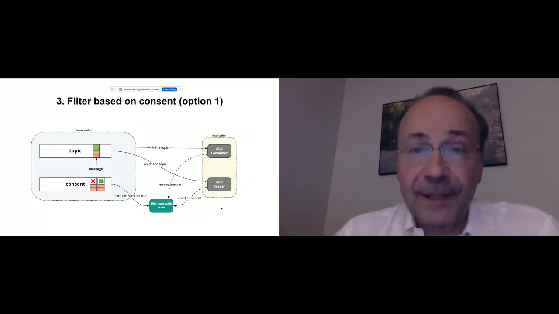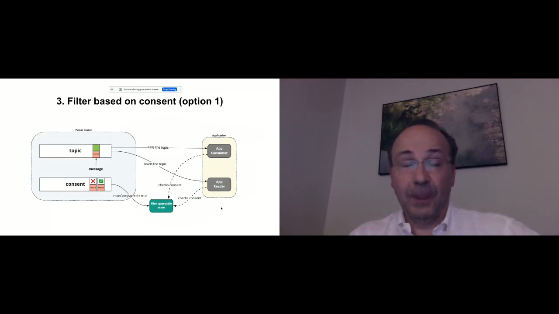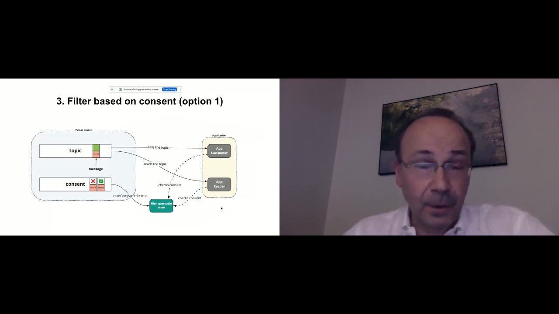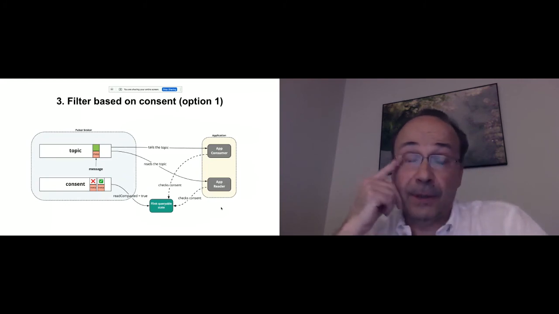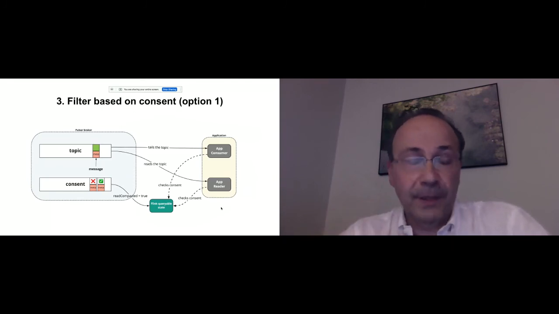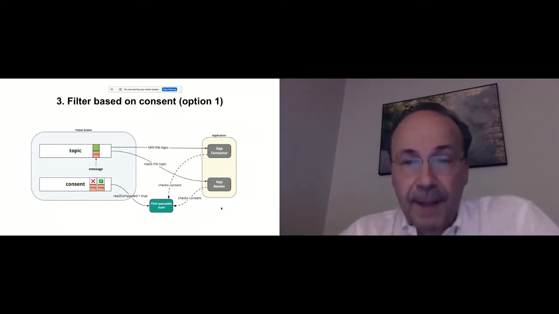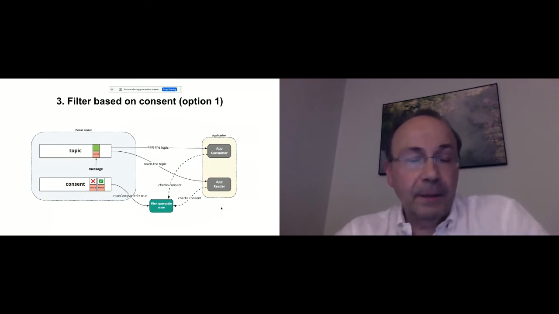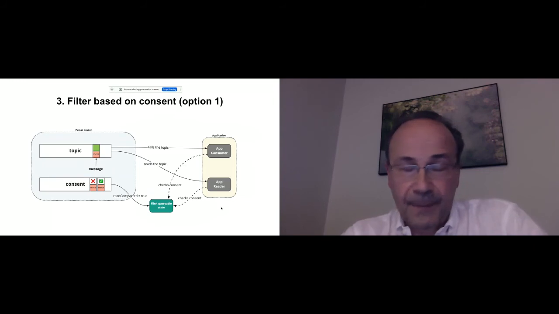Now it's time to filter based on the consent. So let's imagine a topic on the left which contains some personal attributes, personal information, and a consumer or a reader that wants to use this data. How can we introduce the consent in this situation?